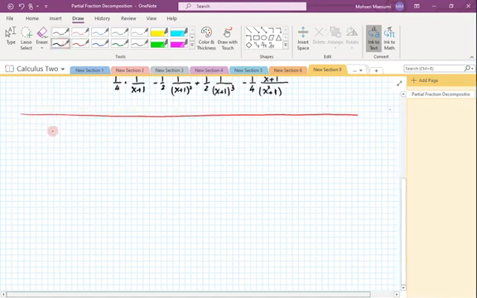So suppose we say find the partial fraction decomposition of, let's start, (x plus 3) over x squared minus 6x plus 5.